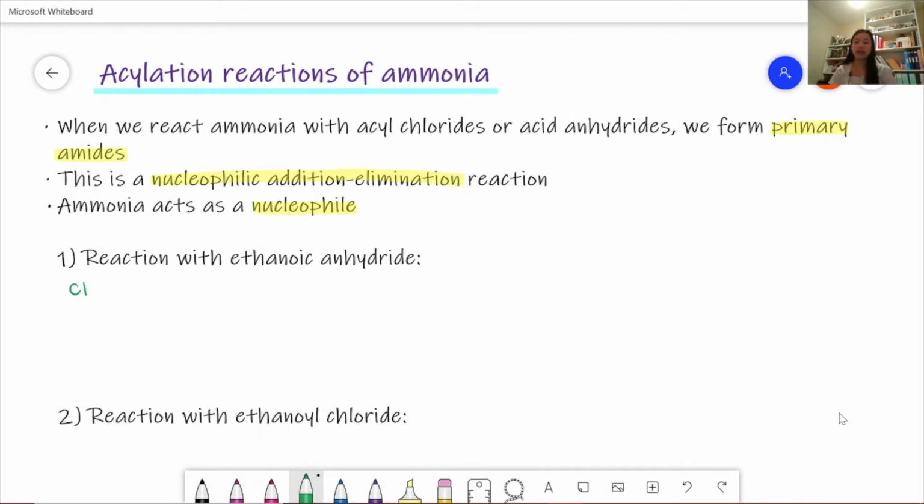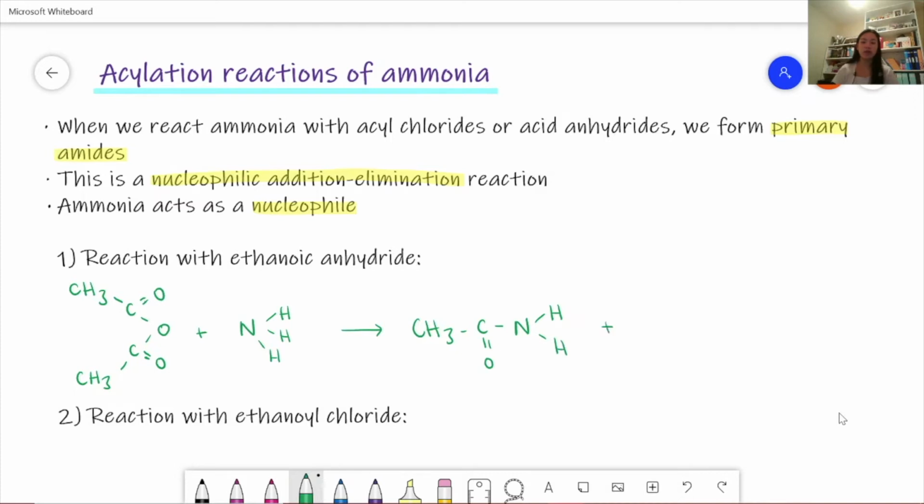So we have CH3, C double bond O, then an oxygen, and then carbon, double bond O, and then CH3. And this reacts with ammonia. So you have NH3, and this will form CH3, C double bond N, and then two hydrogens.